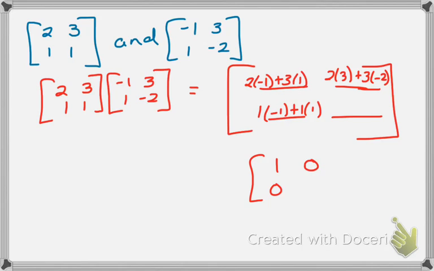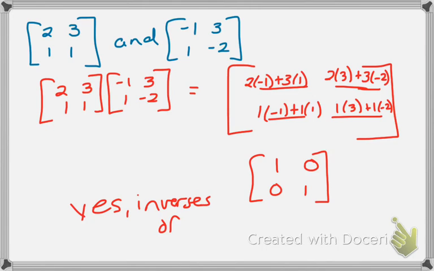Row 2, column 2. 1 times 3 plus 1 times -2 gets us 1. Is that the identity matrix? So our answer would be yes, they are inverses of each other.